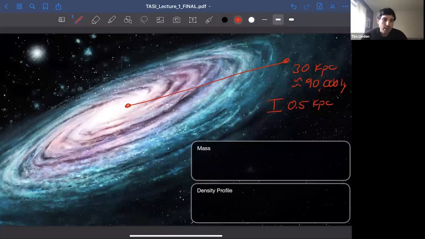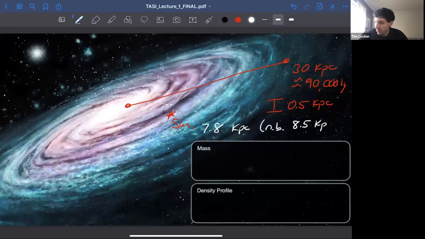Where are we in this galaxy? If this were the Milky Way, we're somewhere about here at the position of the sun. The sun's best position from the center of the galaxy is about 7.8 kiloparsecs from the center of the Milky Way. And that comes with a little bit of a note, which is that it has been assumed for historical reasons that in the particle physics literature, the sun is 8.5 kiloparsecs from the center of the galaxy.